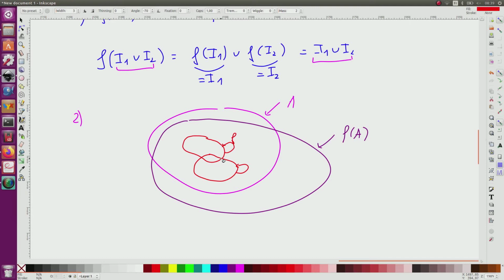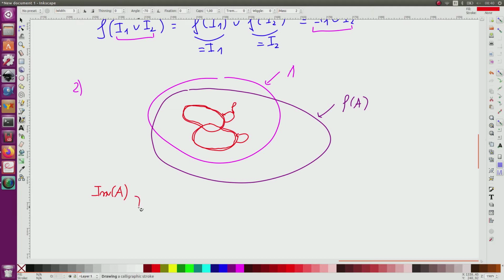I know that the union of these two sets is also an invariant set. As a consequence, there exists a unique largest invariant subset of A, which corresponds to the union of all subsets of A that are invariant.